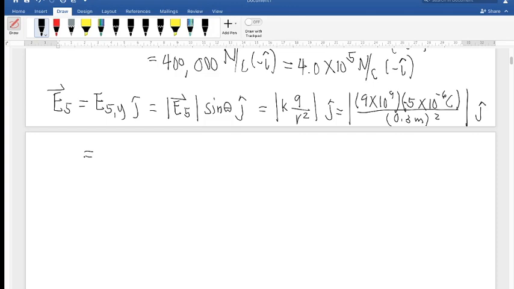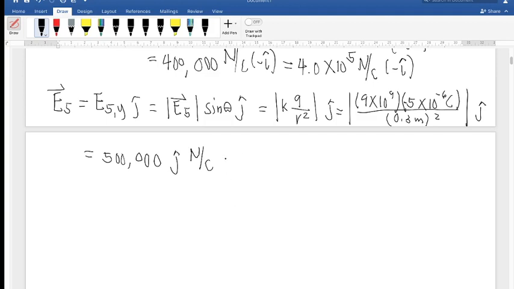So we have to calculate that one. We have 9 times 10 to the 9 multiplied with 5 times 10 to the negative 6, divided by 0.3 squared. So that is 500,000 j hat Newton per coulomb. Okay?